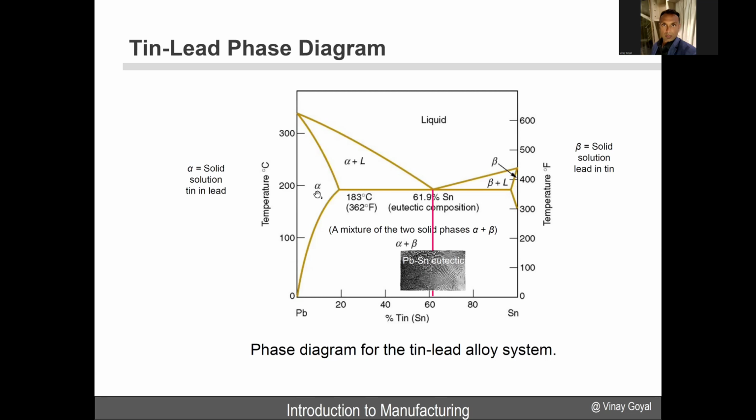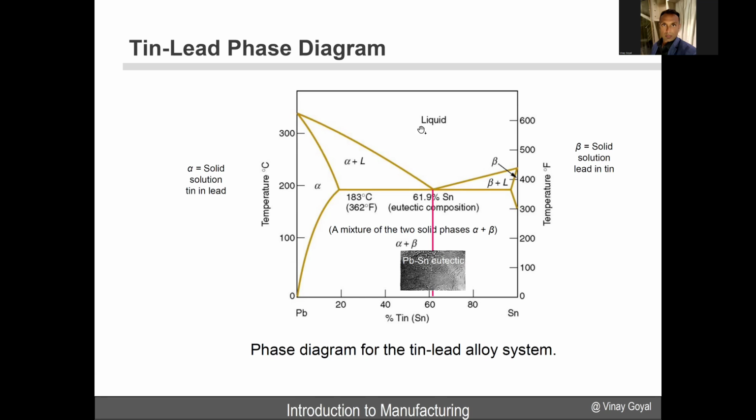And here's a solid solution of tin in lead. So what you're looking at here is a combination of solid solution of tin in lead and liquid, and then a solid solution of lead in tin and liquid. And then here you have liquid.